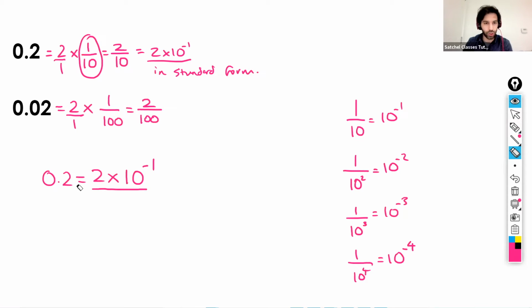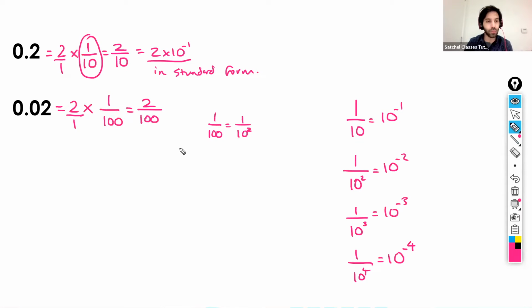So just going to rub this off. Now, 1 over 100 can be rewritten as 1 over 10 squared. Now notice what happens here. We said 0.02 is the same as 2 over 1 times 1 over 100.